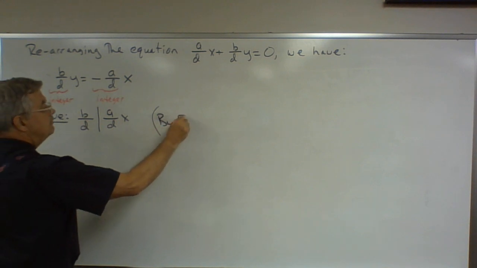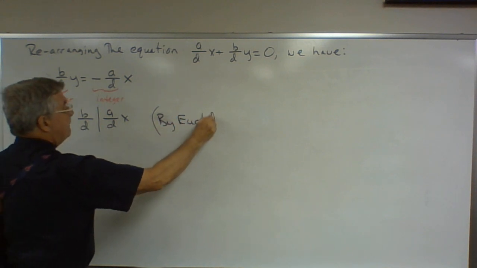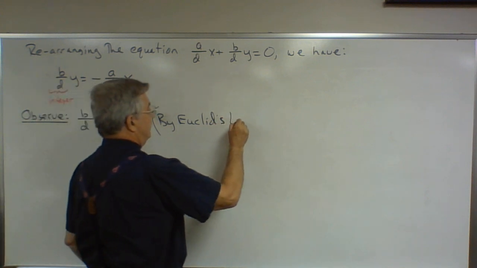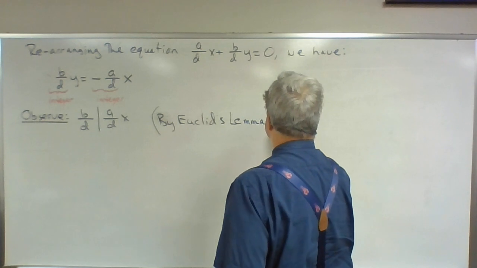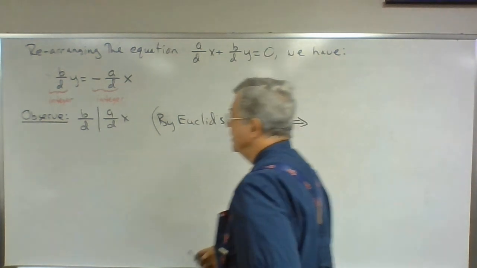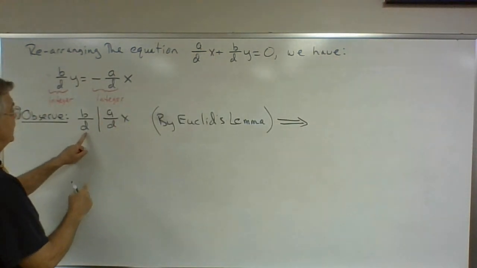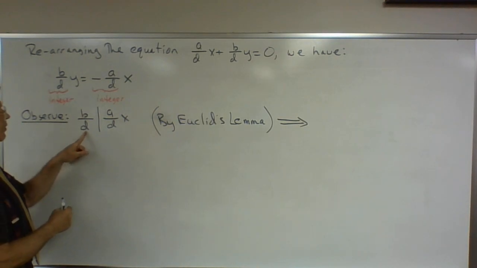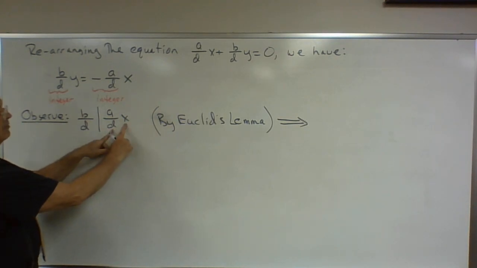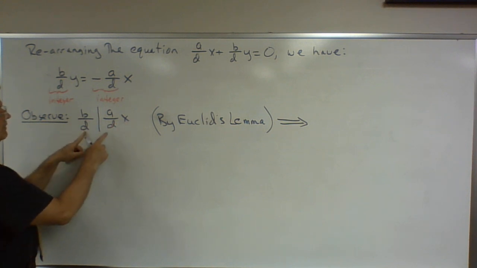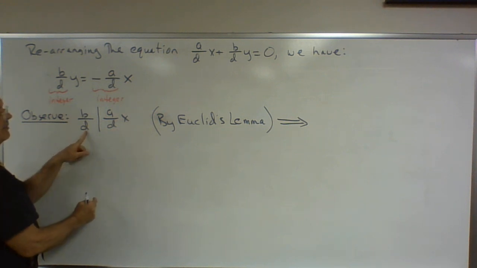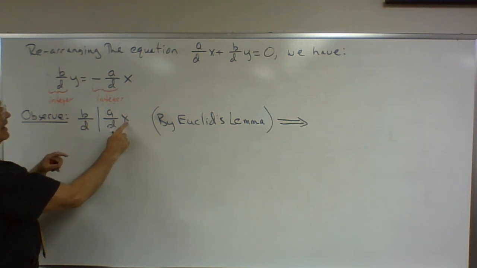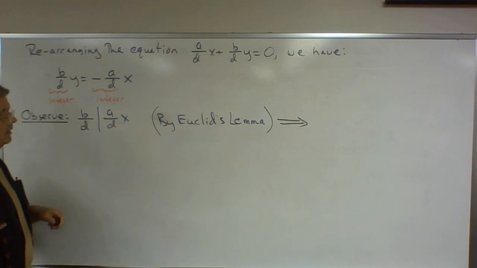So by Euclid's lemma, Euclid's lemma says if we have one integer dividing the product of two integers, and the divisor and one of these integers are relatively prime, that means the divisor has to divide the other integer. Okay.